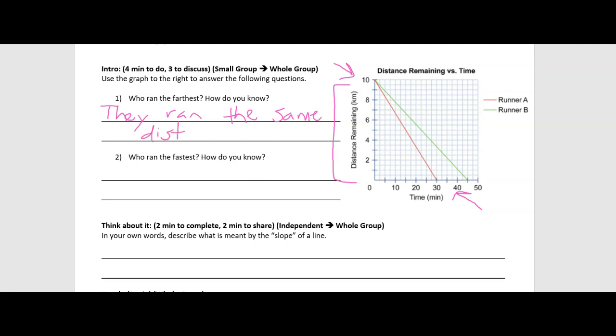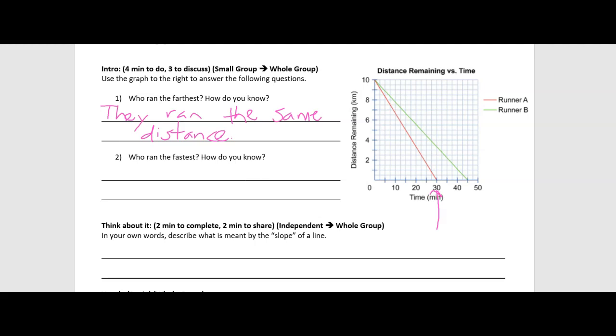Maybe they were both in a 10-kilometer road race. Now, who ran the fastest? How do you know? So the runner A, the segment in red, his time stops at 30 minutes. So it took him 30 minutes to run a 10K, which is actually quite fast.